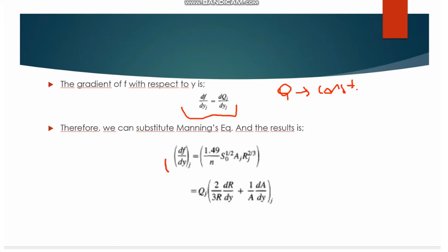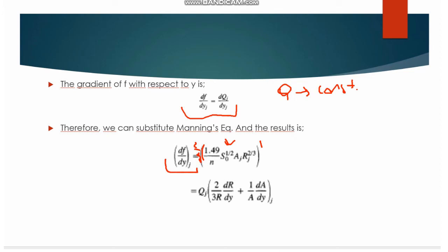So df over dy: we put Qj in the Manning's equation and take the first derivative with respect to y. So we need to take this d over dy derivative.